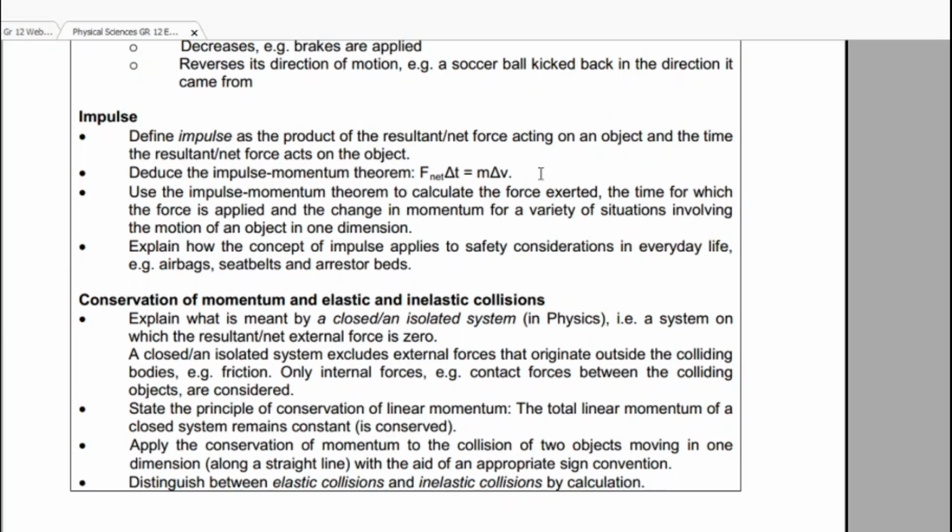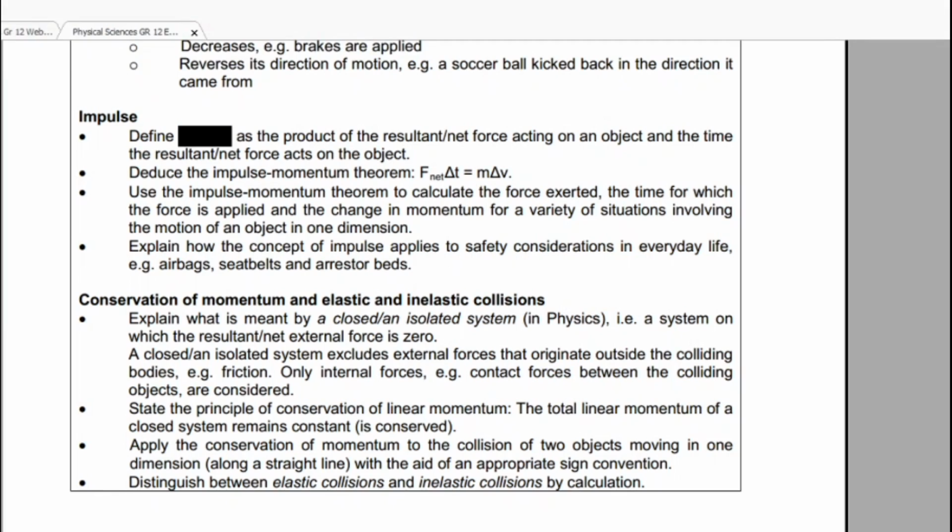So impulse is a challenge for me to understand, because it doesn't have its own symbol. So the way they define impulse, if I write F net times delta T, this is impulse, right? This is impulse.